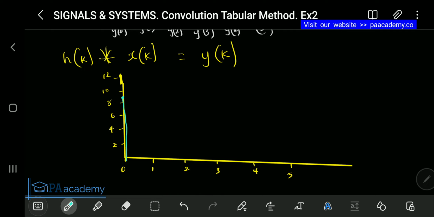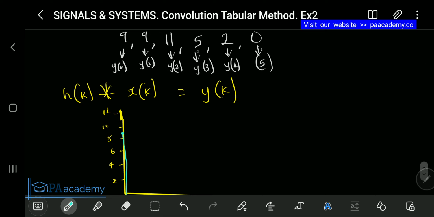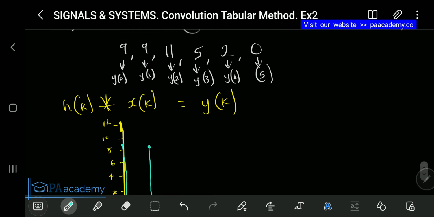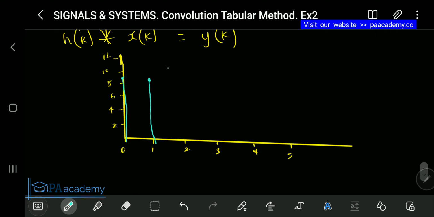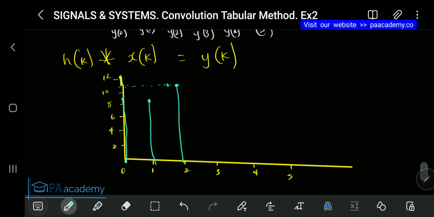You can just trace it down. Exactly. Then at 1 it is also 9. So 9 is also somewhere here. Trace it down to 1. At 2 it is 11. So 11 should be somewhere here, if I trace it like this. When it's y of 3, that's 5.